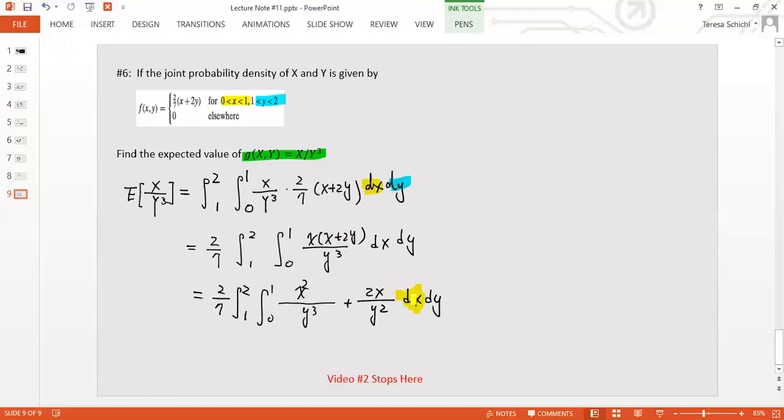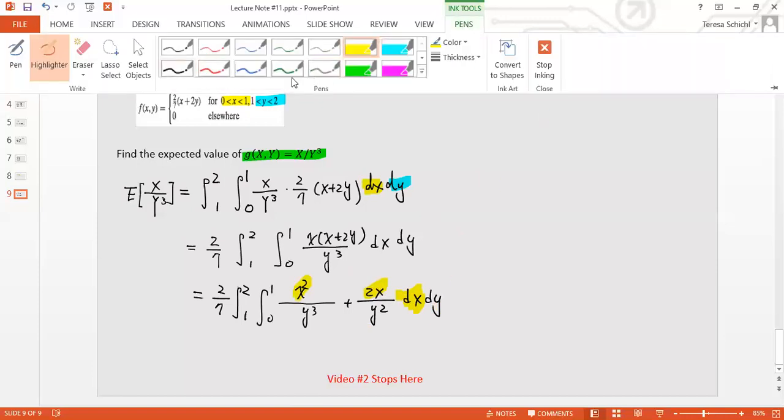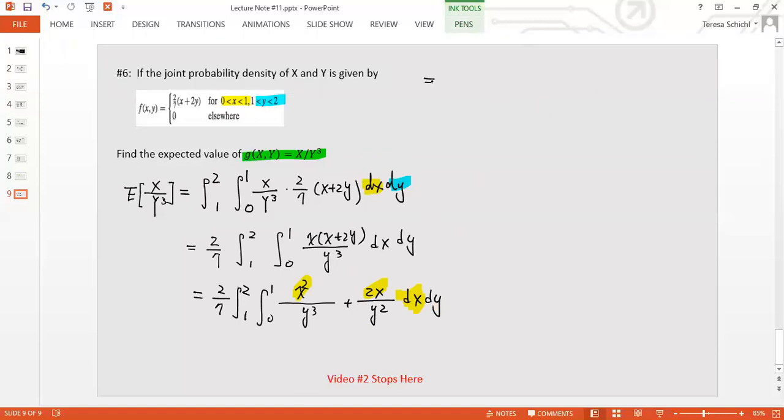Okay, dx dy. Remember, we did this many, many times. The first is the integration for x, so all the other values except x are constants. I'm going to integrate here, and the y is just a constant, so I don't worry about that. This is 2/7, with bounds 1 to 2.